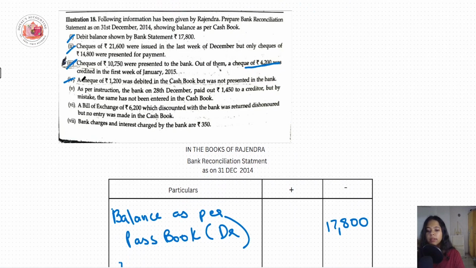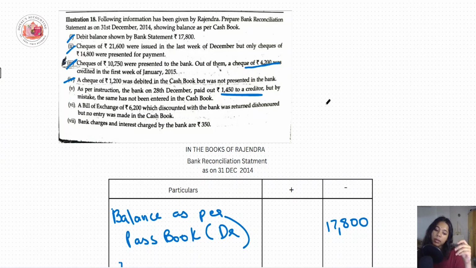Let's see our next one. As per instruction, the bank on 28 December paid out 1,450 to a creditor, but by mistake, the same has not been entered in the cash book. So this transaction has not yet been recorded in our cash book. That means our passbook balance is lesser than our cash book balance, and to equalize the two, I'll have to add back this 1,450. This expense has been recorded in my passbook, but not in my cash book.